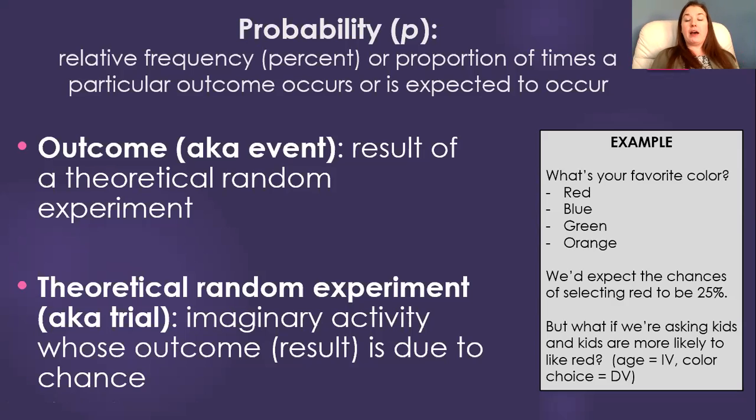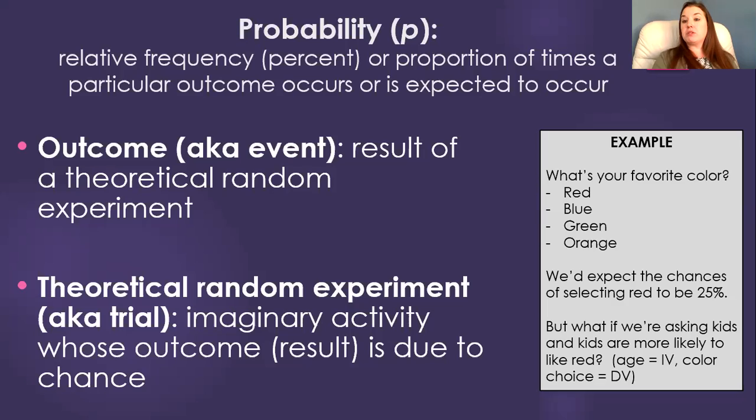But what if we had a research question that was saying, does age influence color choice? Age would be our independent variable, color choice would be our dependent variable. So perhaps we were studying the effects of age on your favorite color, and perhaps kids are more likely to like the color red than the other colors listed because fire trucks are red and kids like fire trucks, or red's a really popular color with kids, whatever the reason.